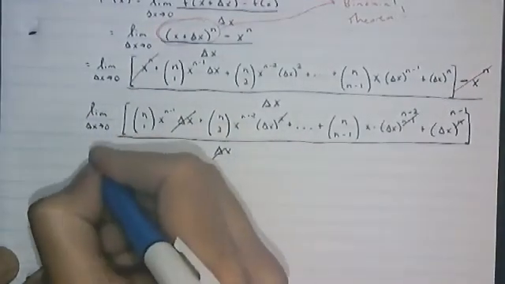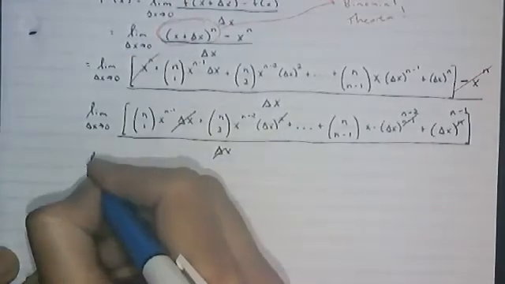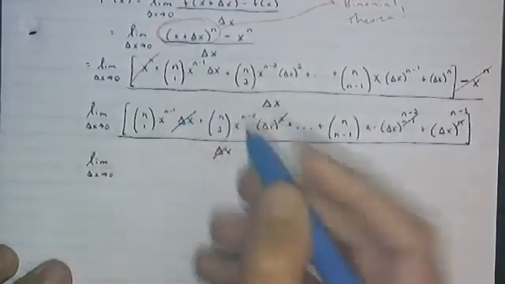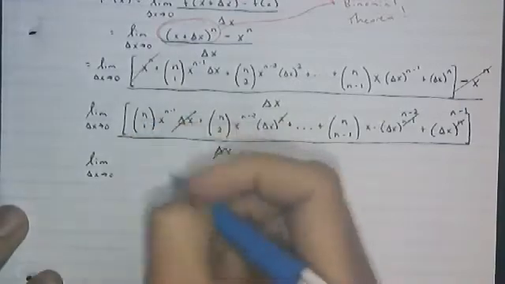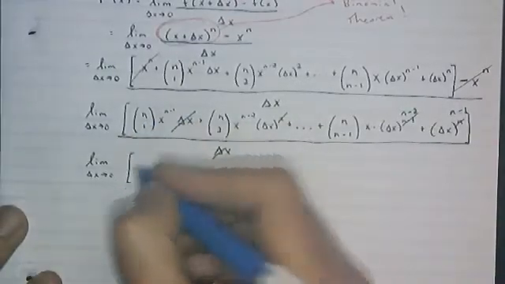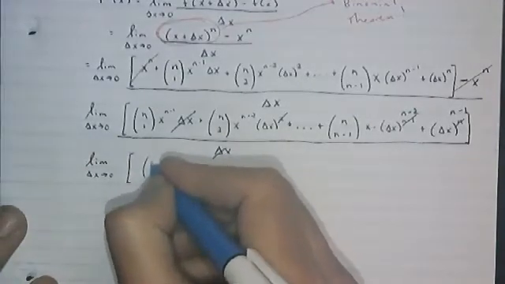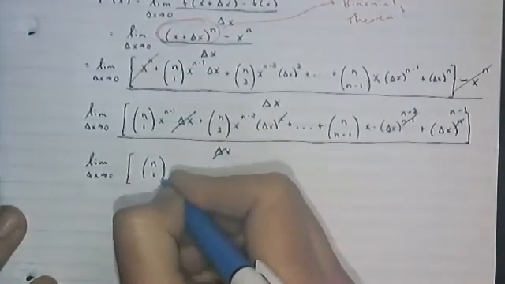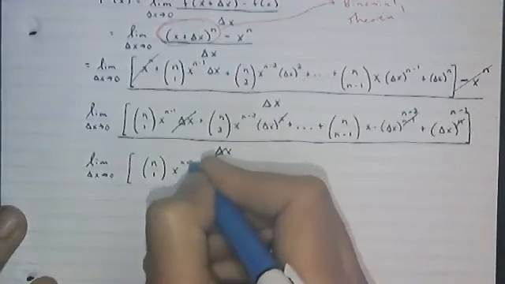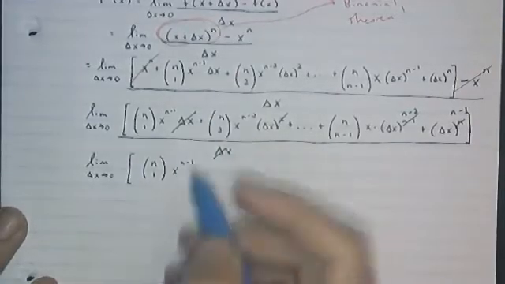The limit as delta x approaches 0 now looks like this. Got rid of the denominator. This is now just n choose 1 times x to the n minus 1. No longer has a delta x in there.